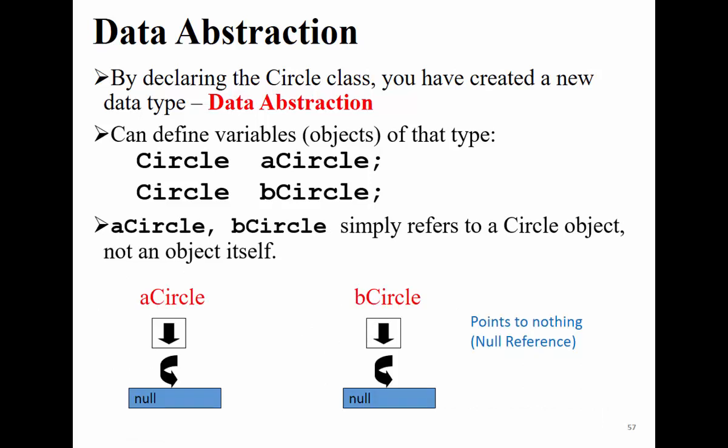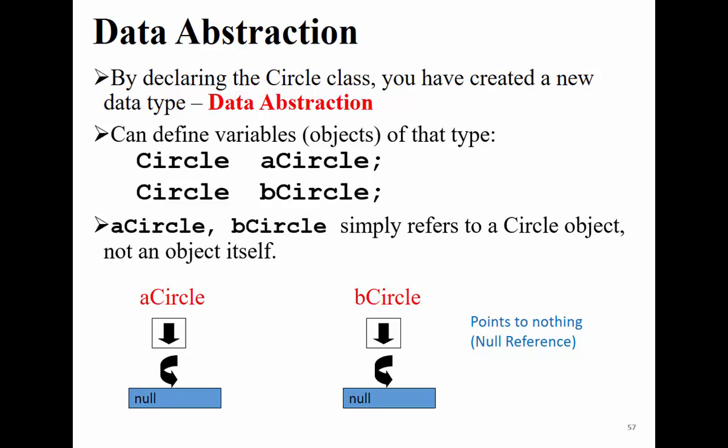When I say aCircle, pCircle in my program, they're just the names of the variables. You can assume they refer to null, what we call a null reference. It's very risky in the apps that you're going to create to have something like this, a null reference.